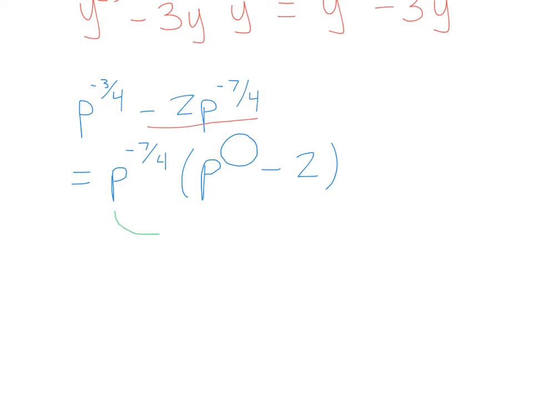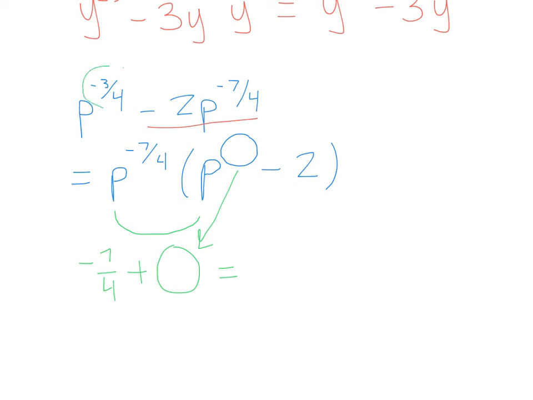Multiplying this p to the -7/4 times this p to whatever that exponent is, we know that we are going to add the exponents. So we would have the exponent of -7/4 plus whatever that exponent needs to be, and they add up to the original exponent, okay?